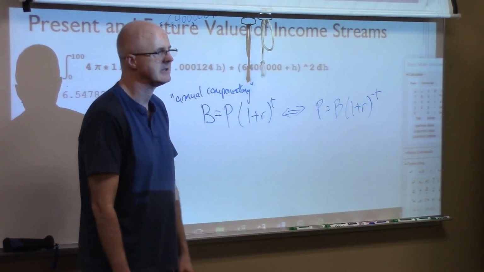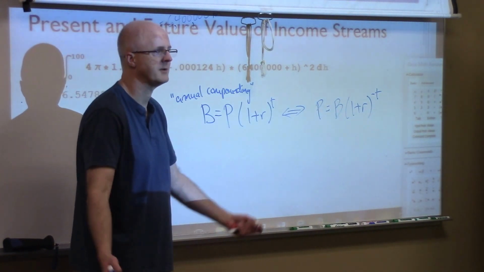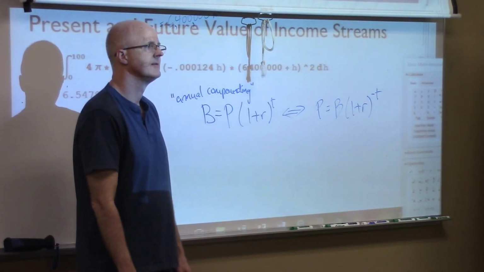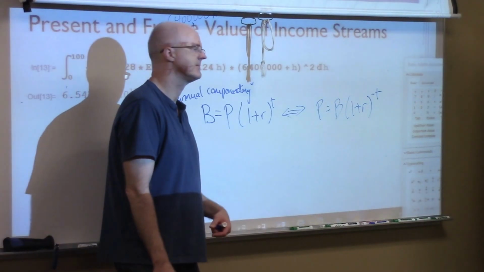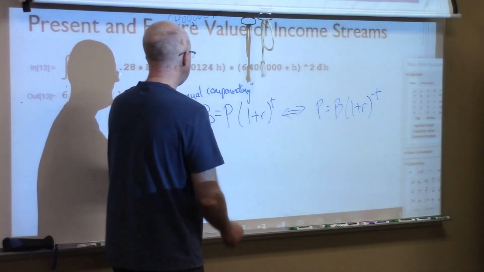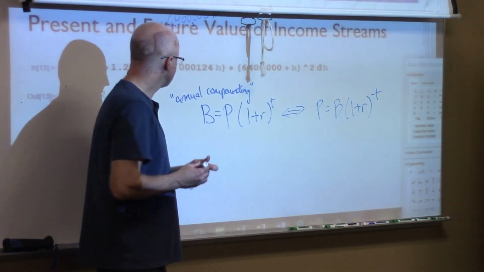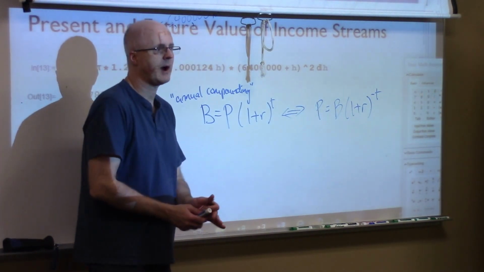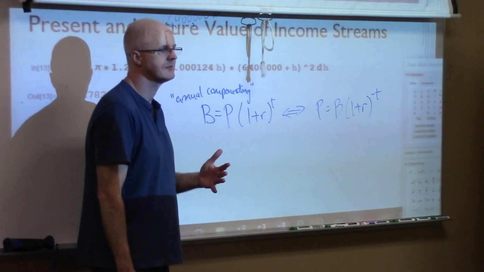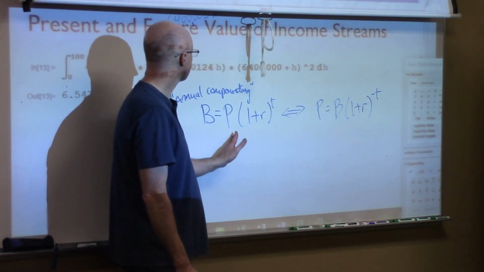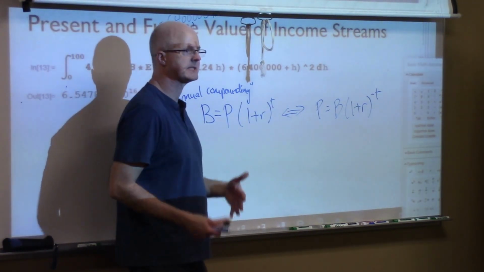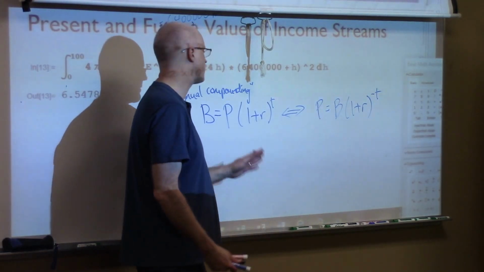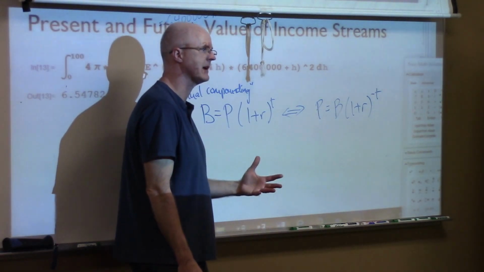Like we can plug in t equals 2.743 if we feel like it. And get these amounts. B is sometimes thought of as representing balance, but it represents future value for us. P sometimes represents principal, what you deposit, but it's going to represent present value for us.